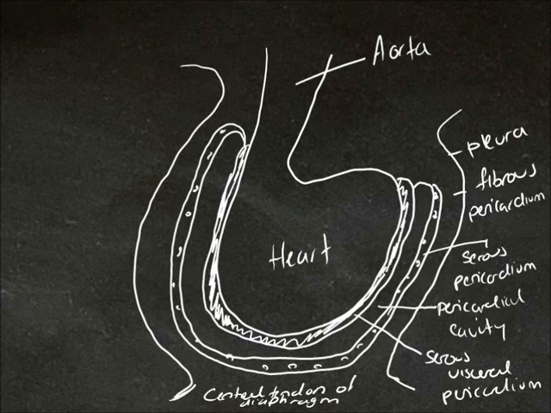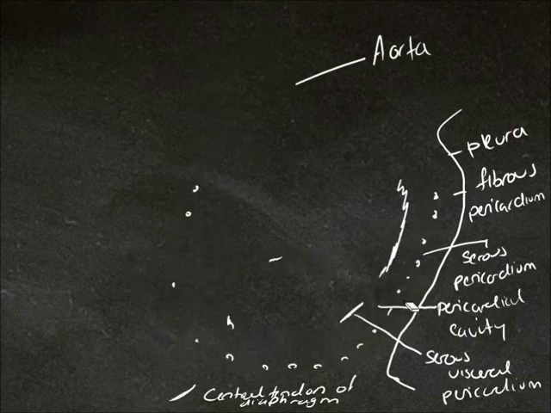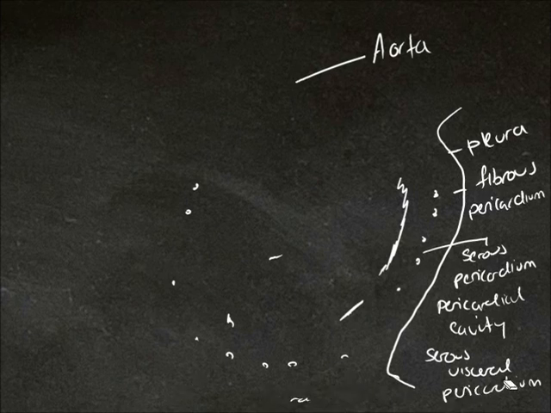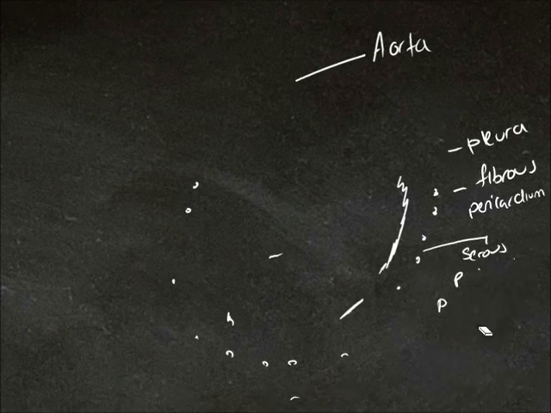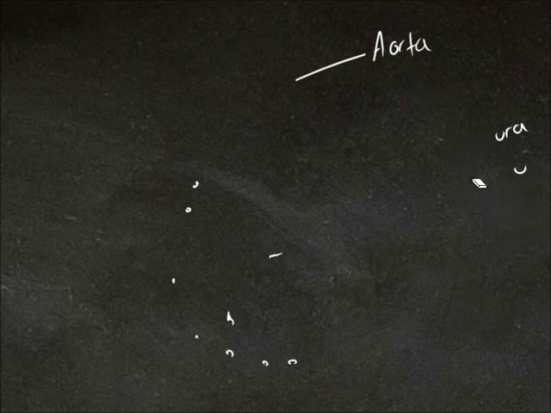So let's learn a little bit more about the pericardium. So the outer layer is the fibrous pericardium.